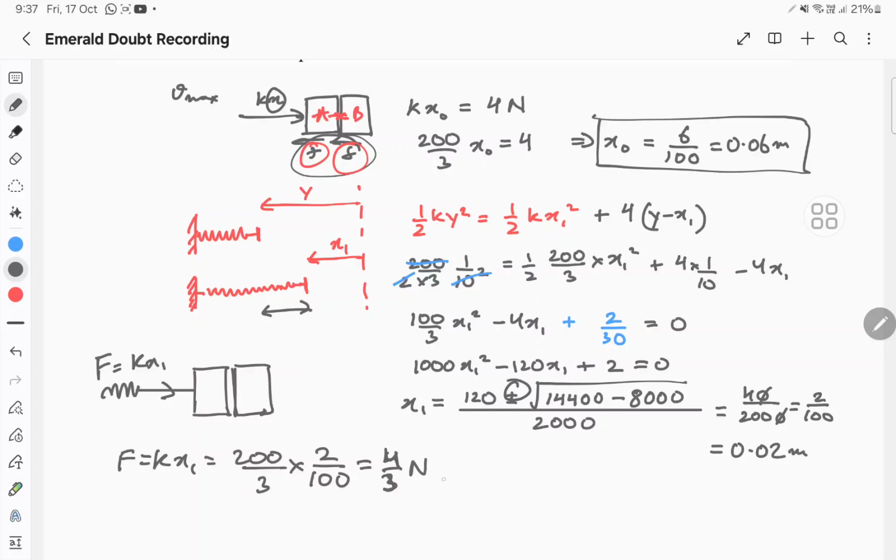So it is 4 by 3 Newton is the push, and body A alone is going to be able to counter this push. So the friction over here F will be 4 by 3 Newton, and the friction below the other body F will be equal to 0.